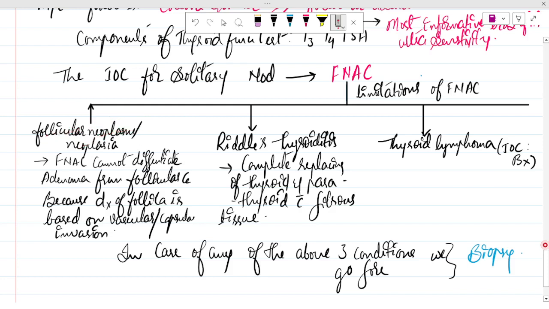Because FNAC cannot differentiate adenoma from follicular carcinoma. See, neoplasia is a type of carcinoma, cancer. So FNAC cannot help you in differentiating adenoma from follicular cancer. FNAC cannot be done in follicular neoplasia because the diagnosis of follicular carcinoma is based on vascular invasion or capsular invasion.